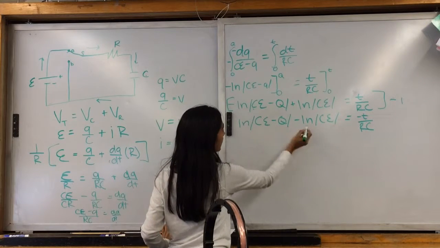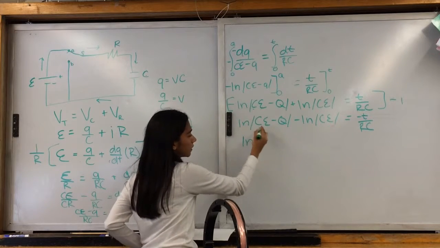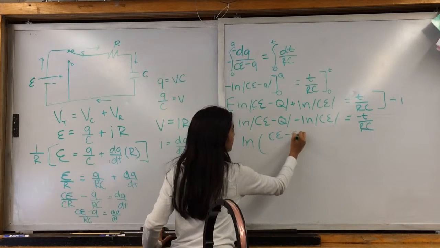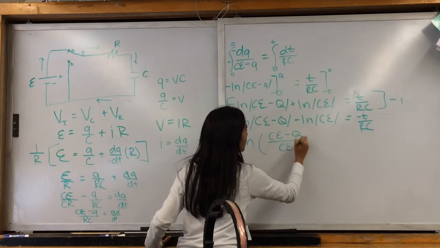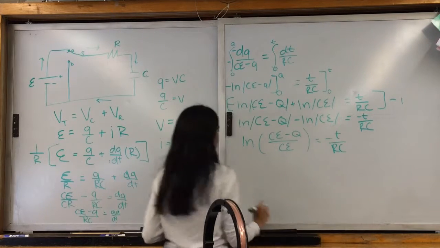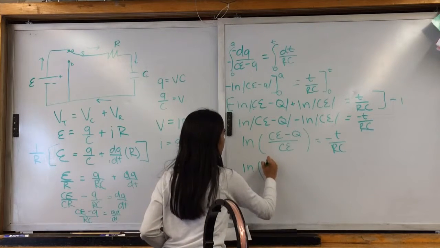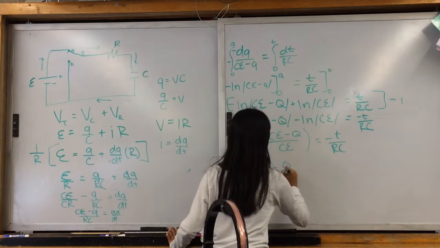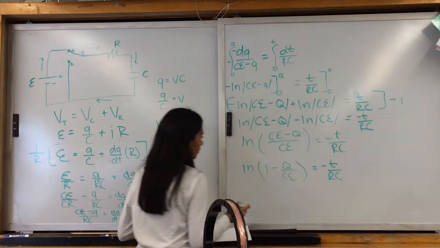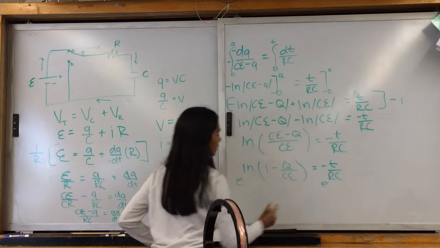From there, you can simplify this even further using the natural log rules. So you have ln of CE minus Q over CE equals negative t over RC, which is 1 minus Q over CE equals negative t. Now, we want to get the Q alone, so we raise each side to the e power.